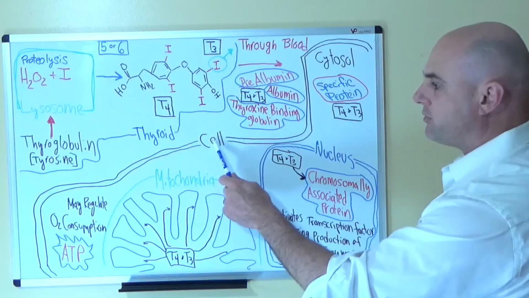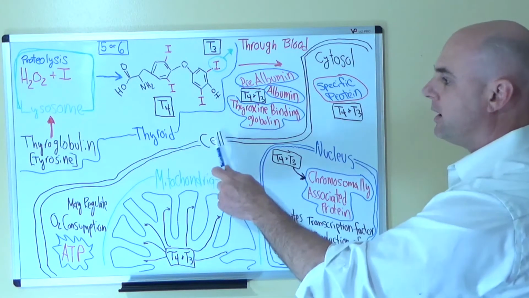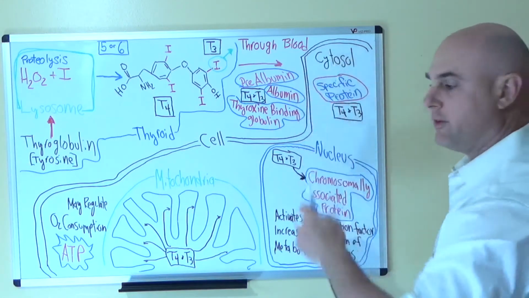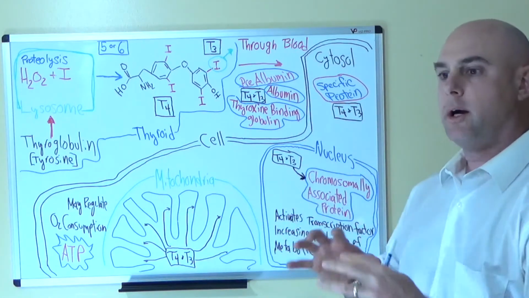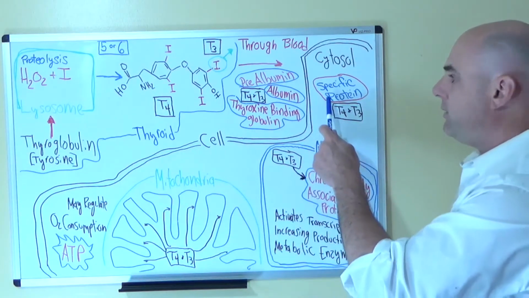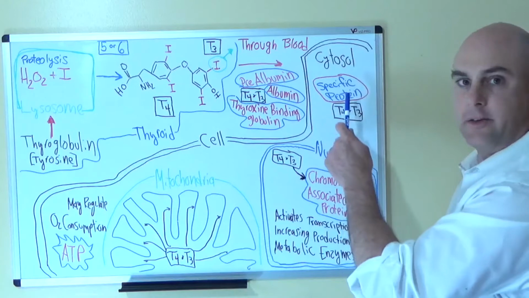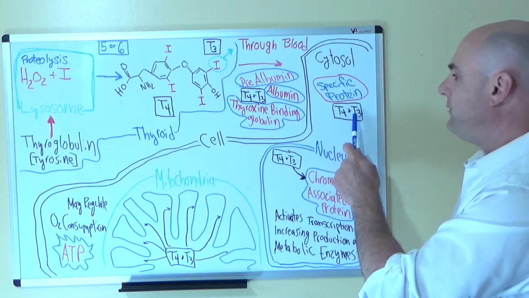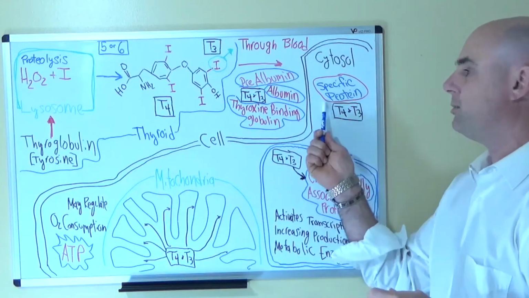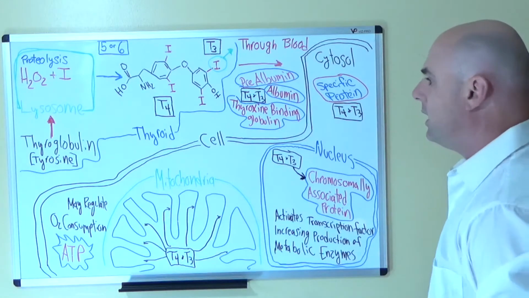So once it gets to another cell in the body, and once it enters into the cytosol, which is just the general space inside the cell, it's met with a specific protein in the cytosol, and then the T4 and T3 can actually be stored in that cell with the help of this specific protein.